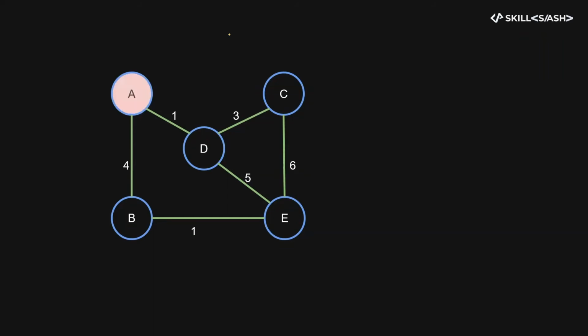Let's say the starting node is A. You see whichever is the least weighted edge associated with A. Then you can say, okay, A to D you can go with the least one. You'll mark that A and D are visited, or this edge is visited. Now you'll compare two things. What is that?